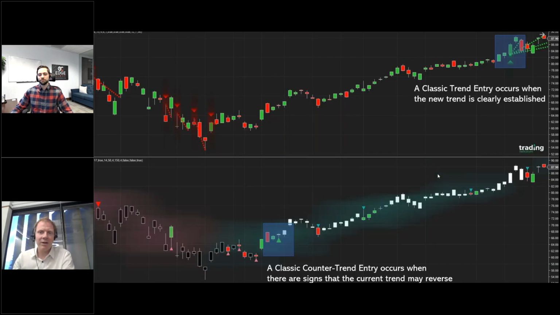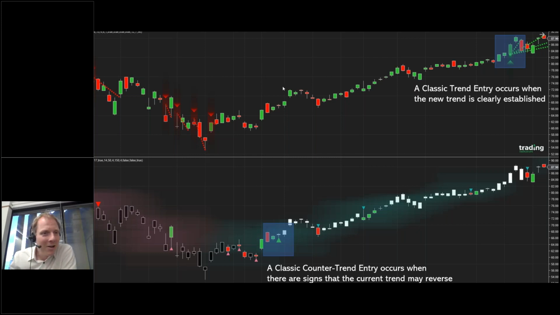Just to contrast trend trading with counter trend trading, let's have a look at this slide here. And interestingly, it shows the exact same symbol. It's exactly the same price action if you look at the upper half and the lower half, but the upper half shows a classic trend entry.